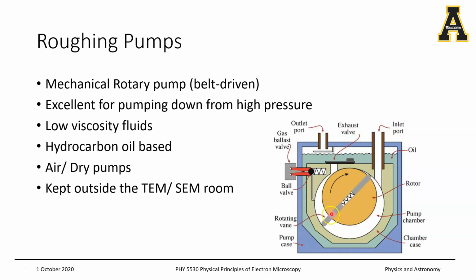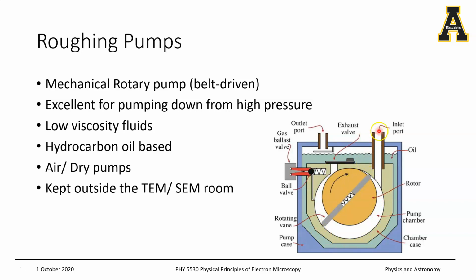And then you have this rotary vane, which is a metal plate. Again, think of it in 3 dimensions, so this has a third dimension going into the screen. That's a metal plate that grazes along the circumference of the barrel here.